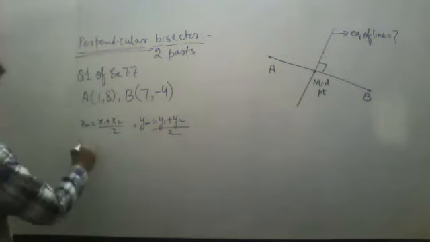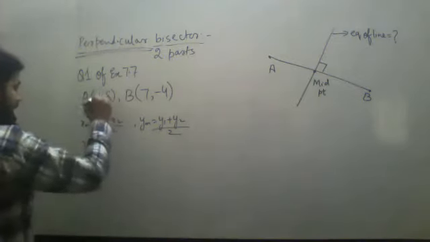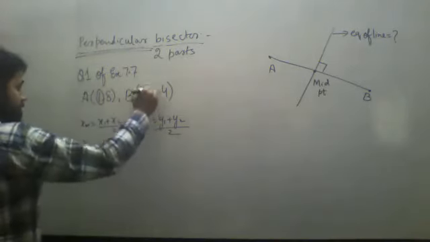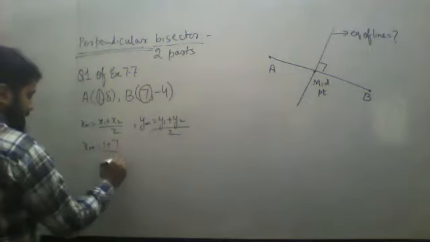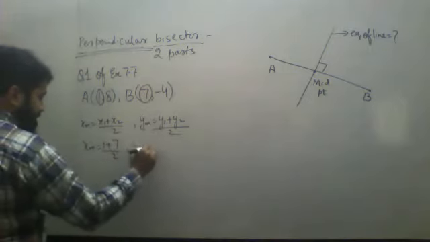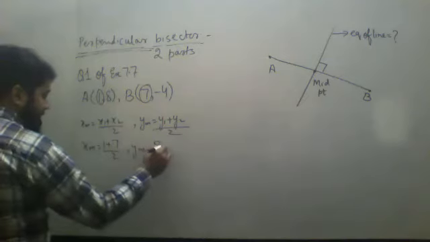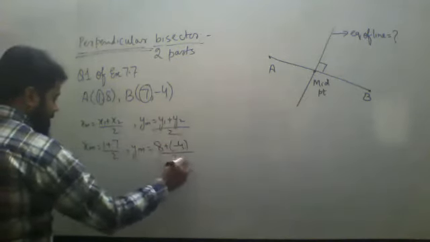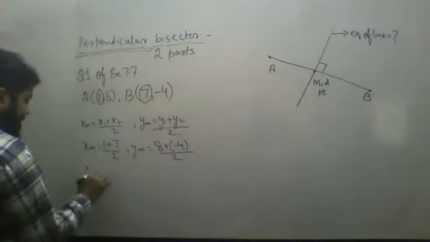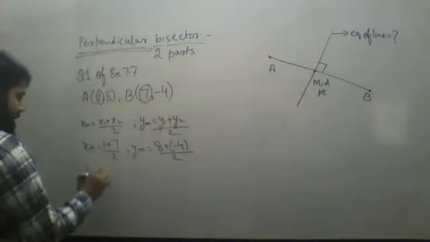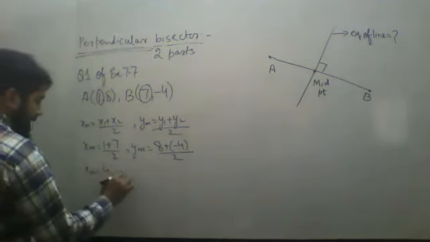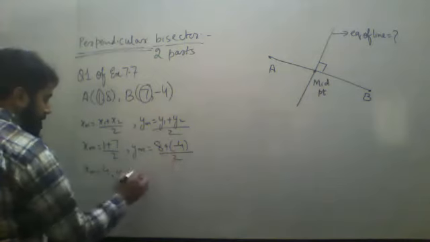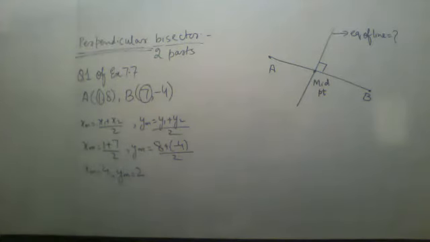So xm equals (1 plus 7) over 2, ym equals (8 plus minus 4) over 2. xm equals 8 divided by 2 is 4, ym equals 8 minus 4 is 4, divided by 2 is 2.